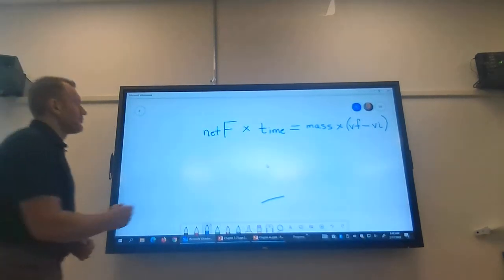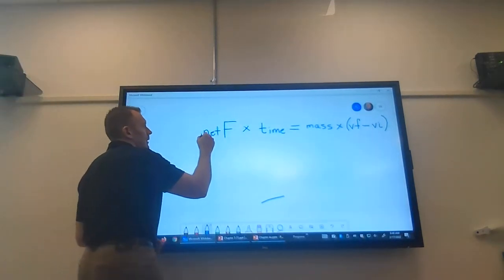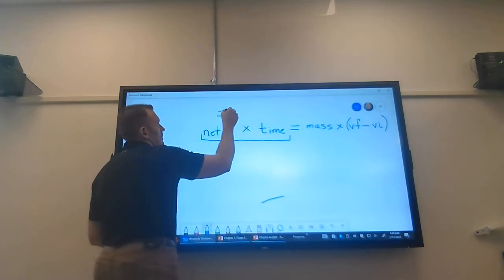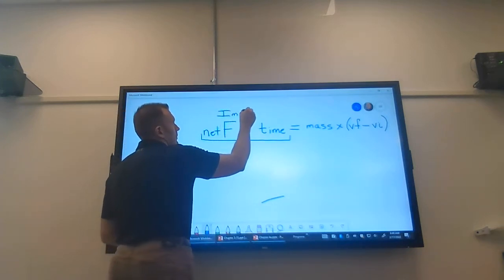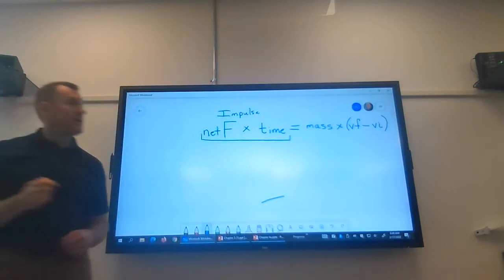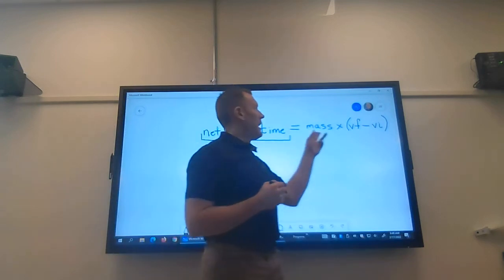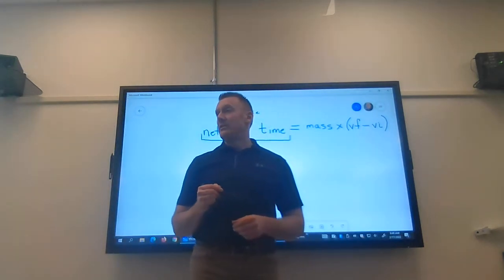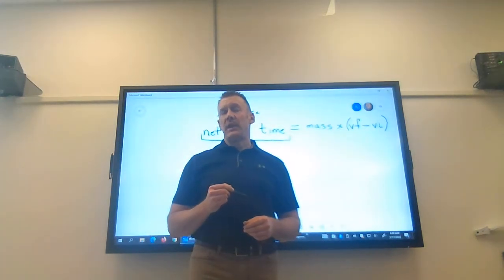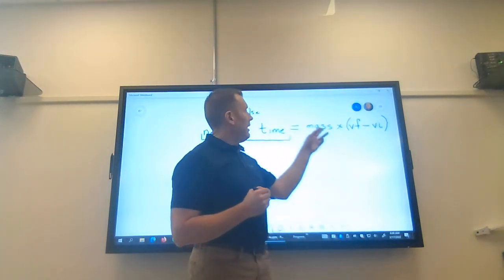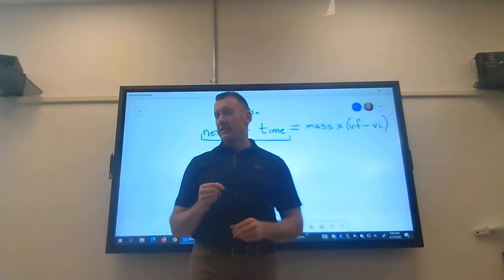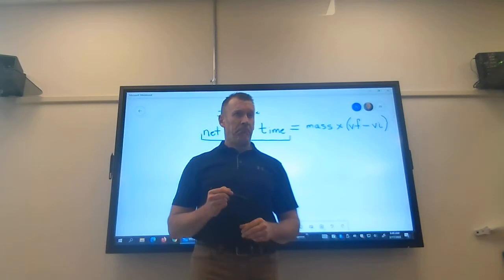So if impulse, in other words, force times time is equivalent to mass times change in velocity, we can calculate impulse simply by taking what we have and using mass multiplied by the change in the velocity to get the impulse.